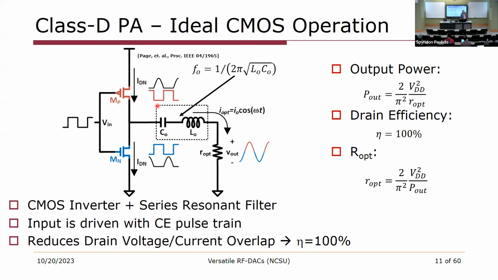Now, the filter creates a condition that causes the voltage and current to lag one another at the transistor's drain in such a way that they don't overlap. This means that there's never current going through the transistor simultaneously when there's voltage across it. In other words, the transistor itself doesn't dissipate any power. And that's how we get 100% drain efficiency for the amplifier.